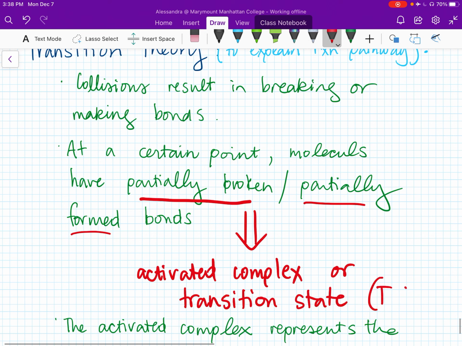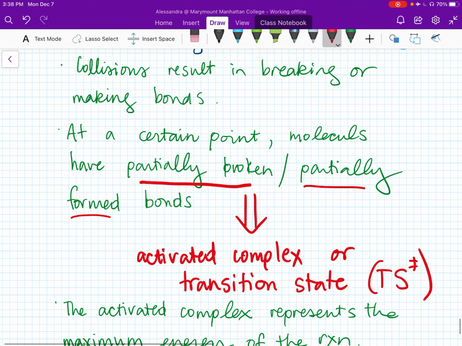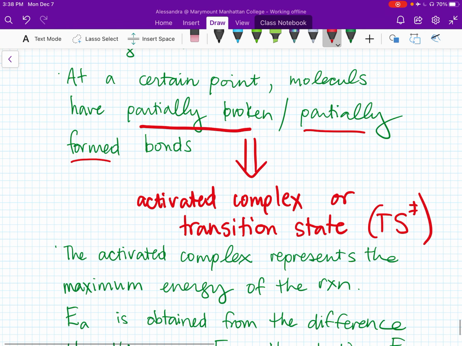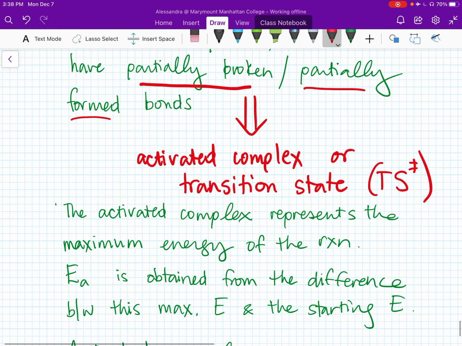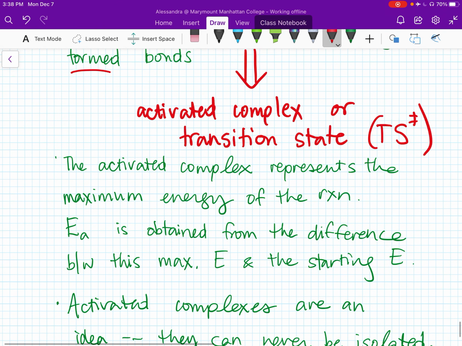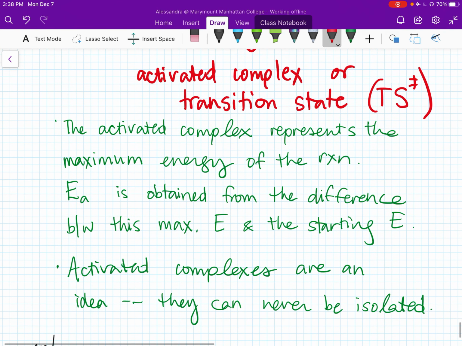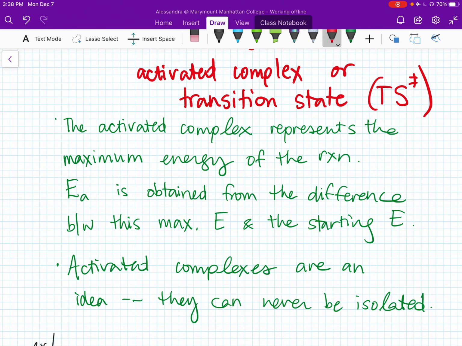And sometimes I abbreviate transition state with TS, with this little double cross superscript. So when I label graphs later, you will know what TS means, transition state. So the activated complex is a species with these partially formed or partially broken bonds. And it's interesting energetically because the activated complex occurs at the maximum energy point of a chemical reaction.